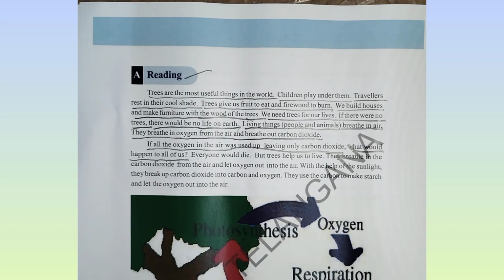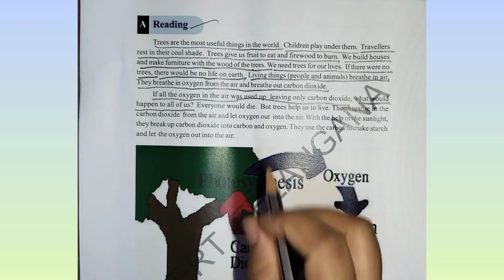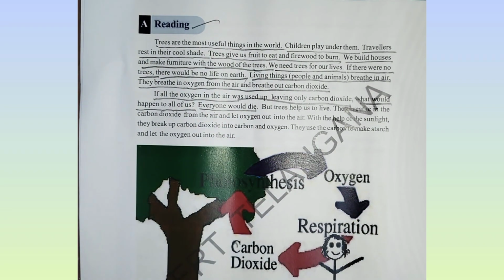Is it harmful for us only? No, that is what they are saying. Everyone would die. Without oxygen, no person is going to be alive on this earth, because oxygen is that important for every human being to breathe in and breathe out throughout their lifespan.